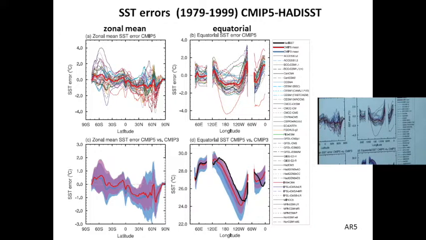And then we get the temperature in the equator, and we see in the equator how is the changes or the difference in the longitude. So here is the Indian Ocean, here is the Pacific Ocean and Atlantic Ocean. And in the Indian Ocean, we see that the red line is very close to zero. So there are small errors in the Indian Ocean.